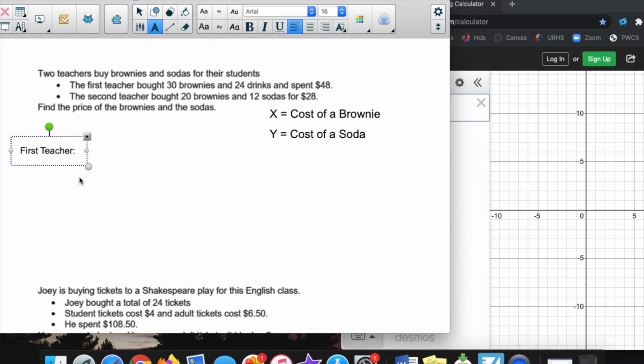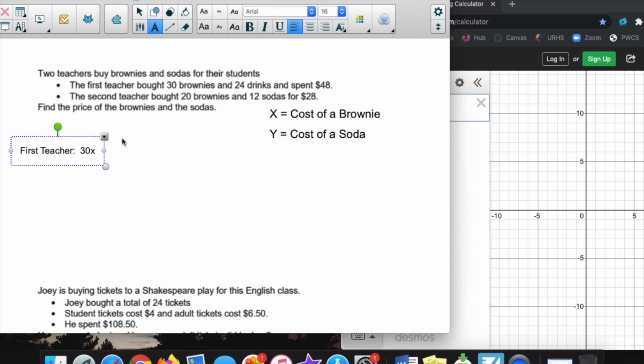So the first teacher, let's talk about what they spent. This teacher bought 30 brownies and 24 drinks and spent $48 total. As we've done before with word problems, it's helpful to associate. If they bought 30 brownies total, the amount that they spent just on brownies we could represent with 30 times x, with x being the cost of an individual brownie.